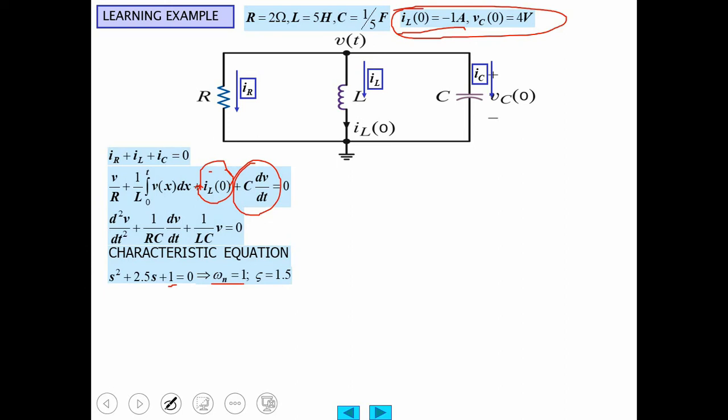Let's see, 2 zeta omega n equals 2.5. I don't know if I believe that value of zeta. Zeta should be 2.5 divided by 2 times omega n, or 2, which should be 1.25.